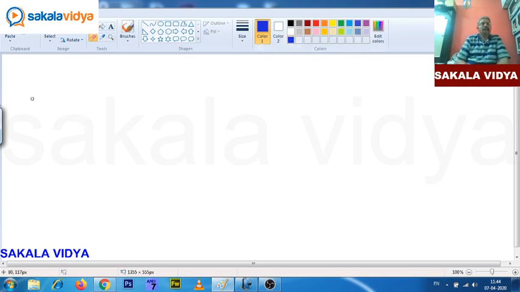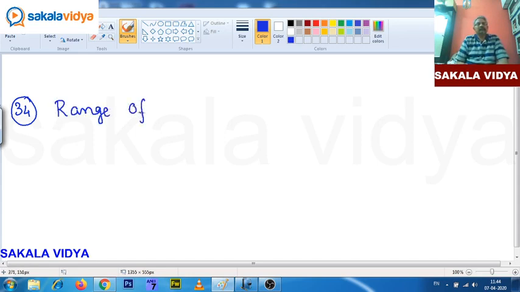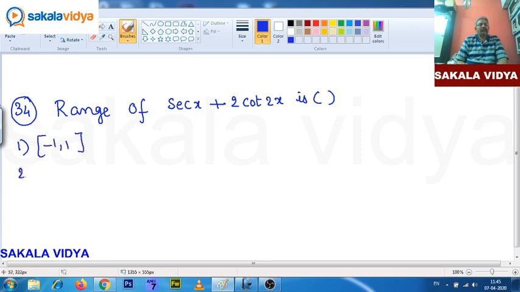So, now 34th problem. Range of secant x plus 2 cot 2x is, first option minus 1 comma 1, second option minus 2 comma 2, third option we have minus 3 comma 3, fourth option we have minus 4 comma 4.